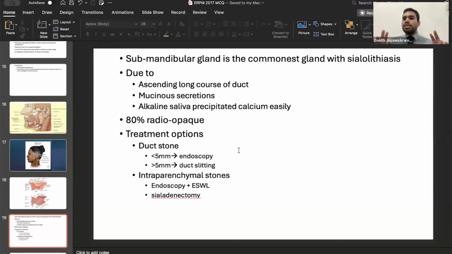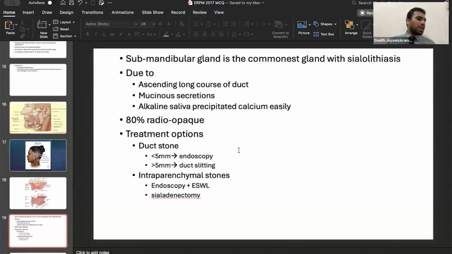According to the books, it's true. There is some degree of truth depending on the circumstance, the duct, the stone size, and where the stone is. Imagine if it is just at the deep part, then there's a chance it might be taken out through endoscopic retrieval with shockwave therapy, lithotripsy.